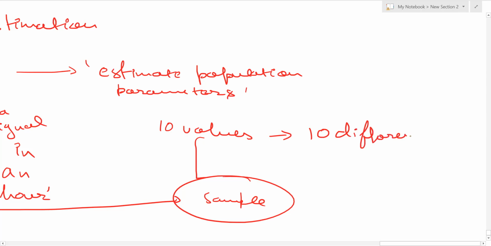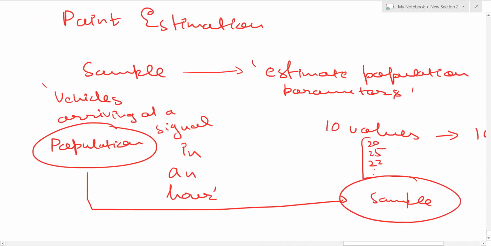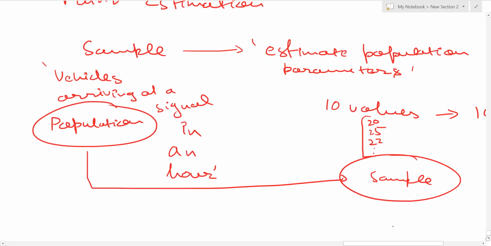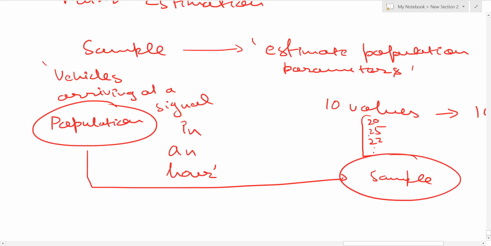Based on that, in some hour you had 20 vehicles, in some hour you had 25, you had 22, and based on this entire sample you were trying to estimate the average rate at which the vehicles are arriving at this signal. This is exactly what we did.